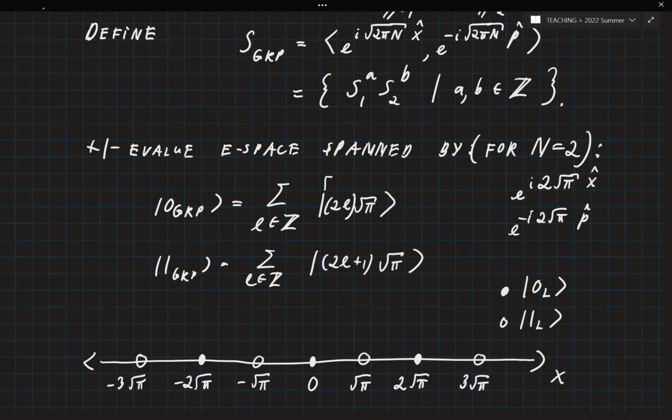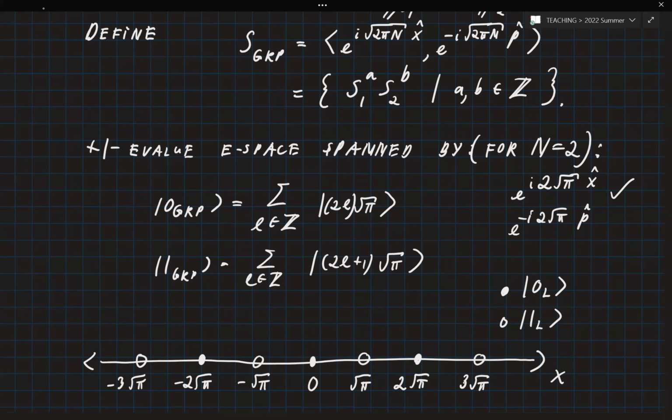Now these are all position states, so they're automatically eigenstates of the momentum shift operator, because it's diagonal on the x hat basis, or on the x basis. And their eigenvalue is all the same, because if you multiply 2 times square root of pi times x hat, which gets substituted with 2l square root of pi, you get 2 pi l. And e to the i 2 pi l is otherwise known as 1.